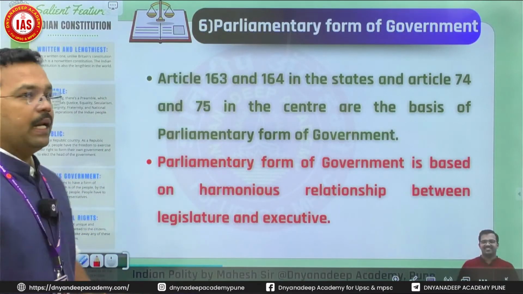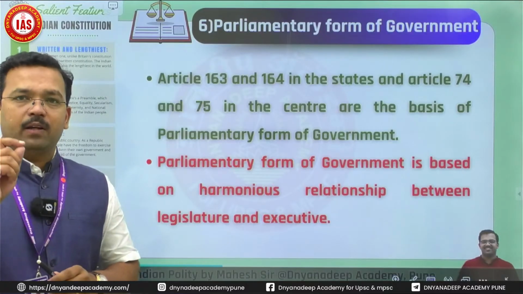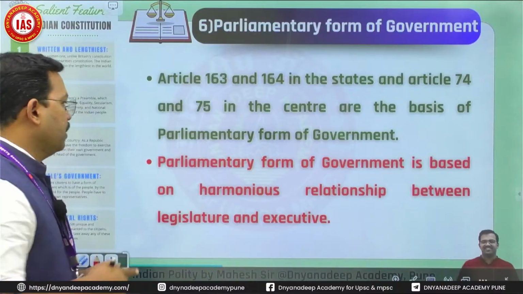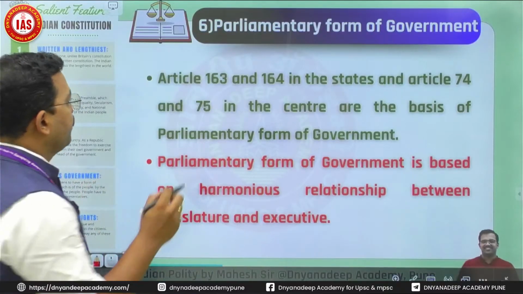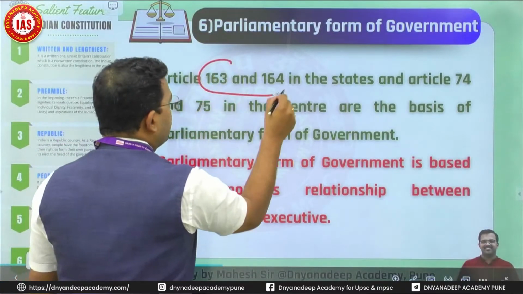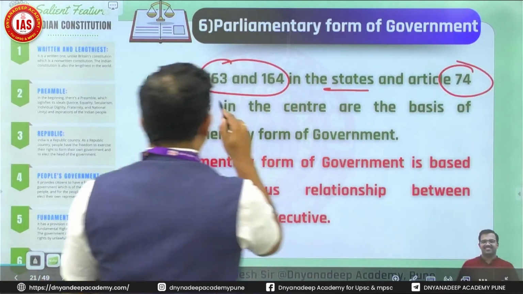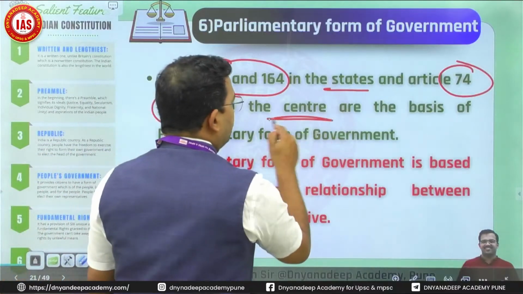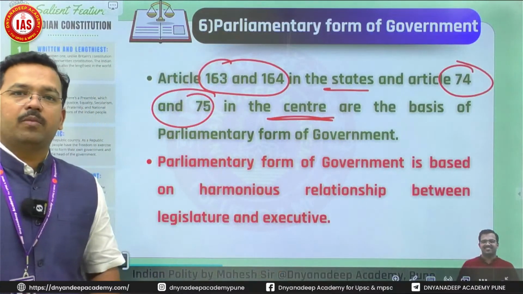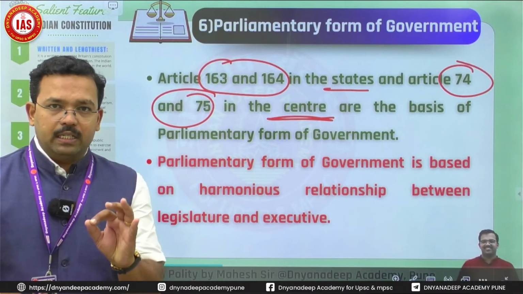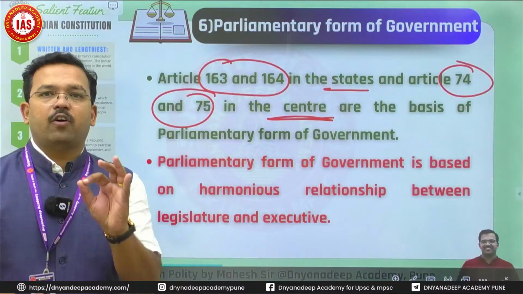Then we have the parliamentary form of government. We are going to study this point in detail. But before that, the important thing: Article 163 and 164 in the states and Article 74 and Article 75 in the center. These are the basis of the parliamentary form of government. You could get a question: which among the following articles are the basis of the parliamentary form of government?